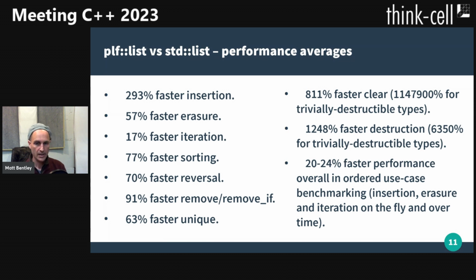We'll get to that. And 20 to 24% faster performance overall in ordered use case benchmarking, i.e. when you're inserting, erasing, and iterating on data in a container over time.